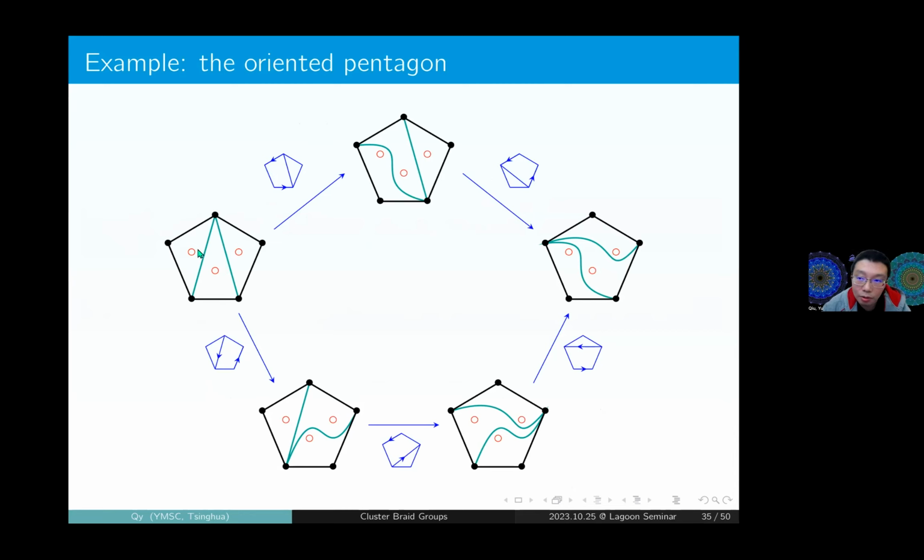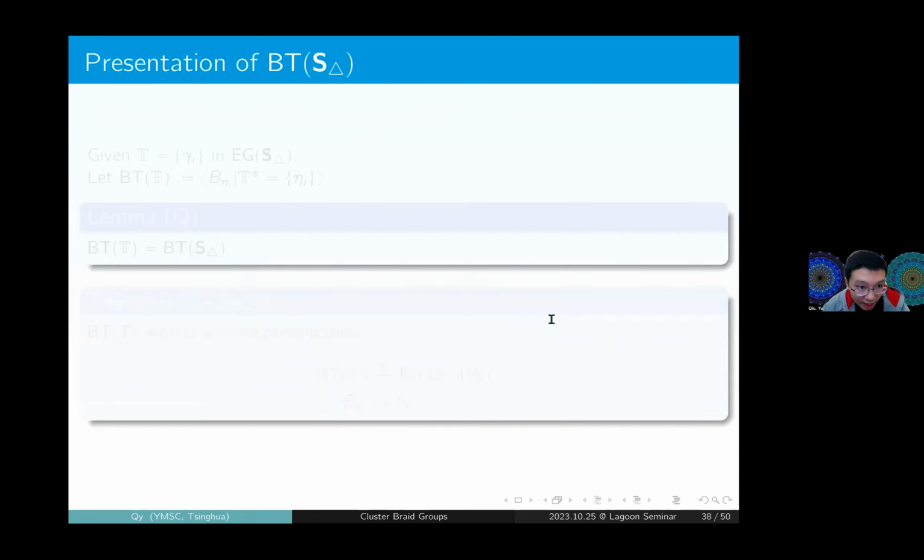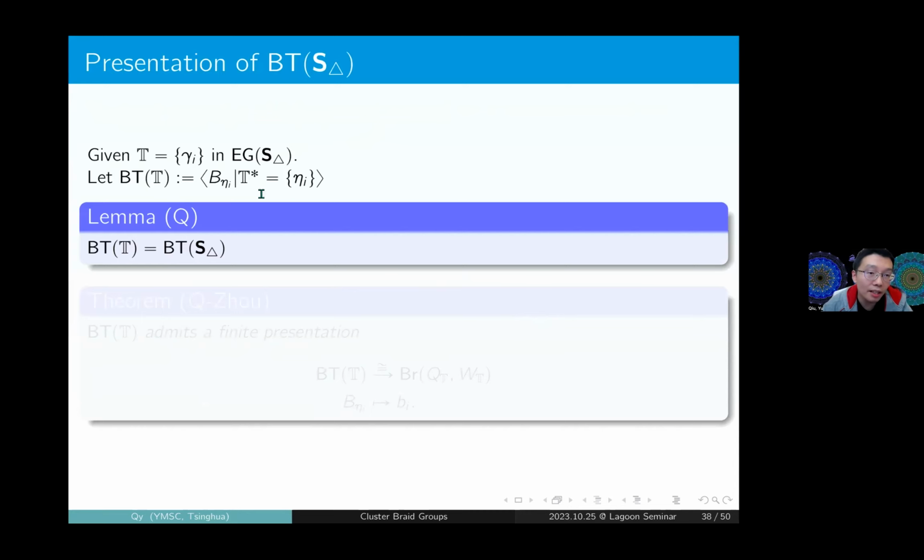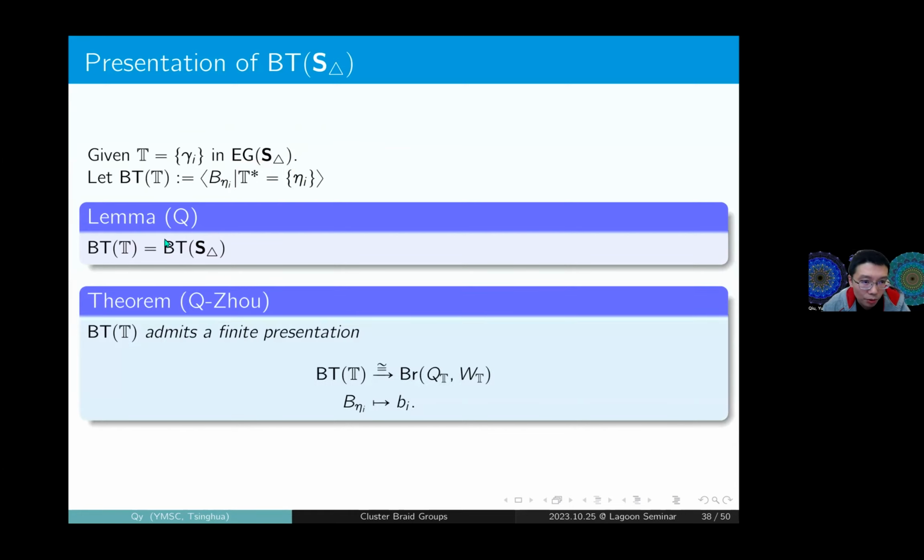Those two are closed arcs, and you can take the braid twist along them. So once you take a triangulation and its dual graph, and for each dual closed arc you take a braid twist, that gives you a set of generators for the braid twist group. Moreover, Joey and I worked out a precise presentation for the braid twist group, so you can write this group down explicitly. Of course, this is built on some work from topologists.